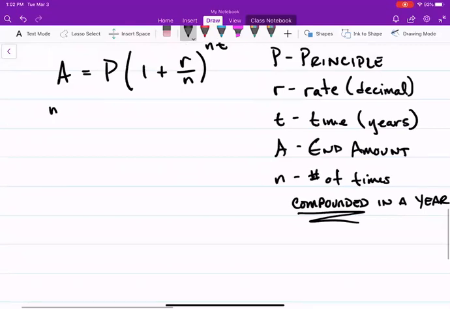If I say semi-annually, what's N equal to? Not 1/2.